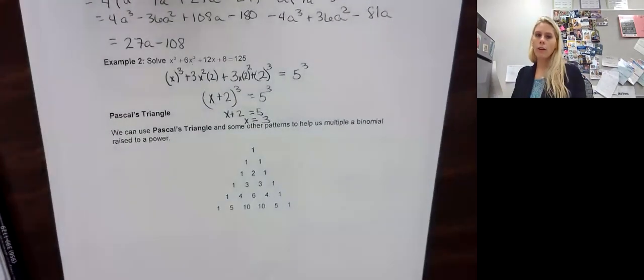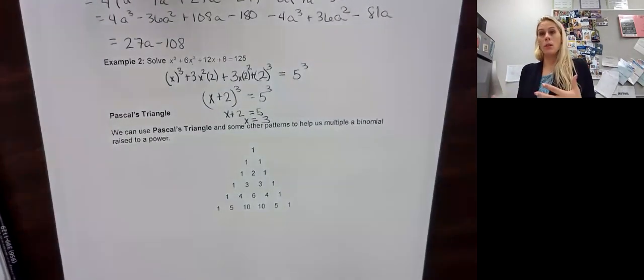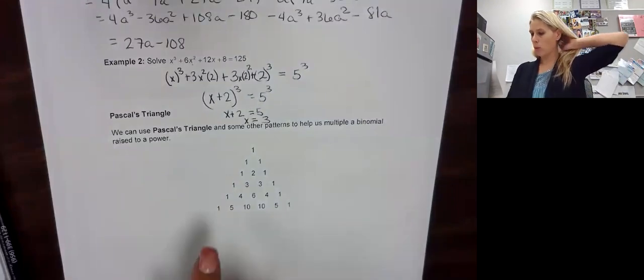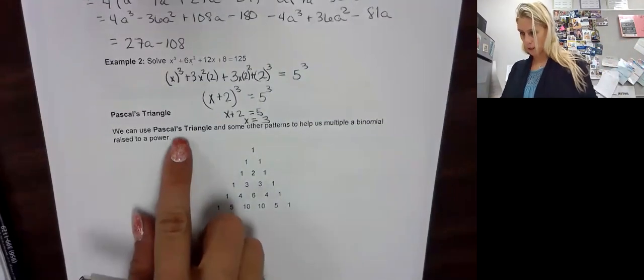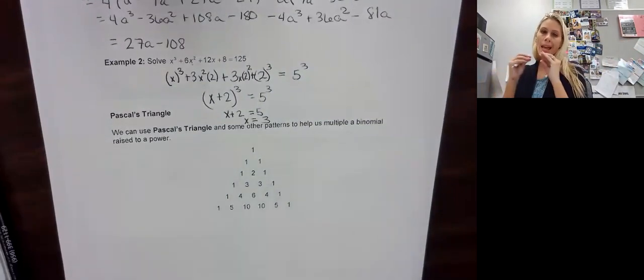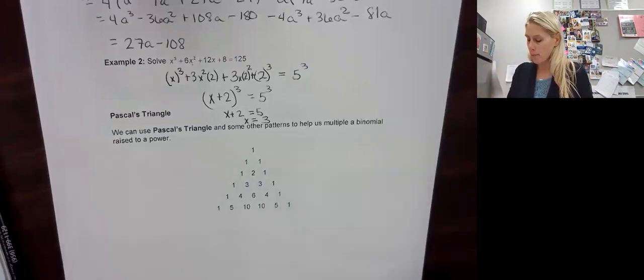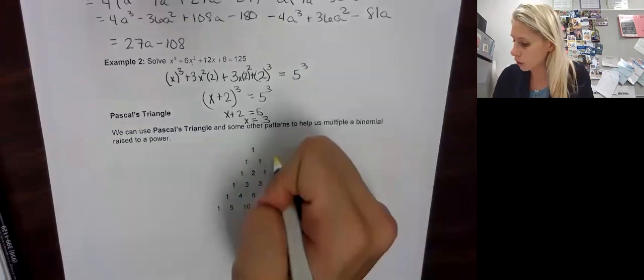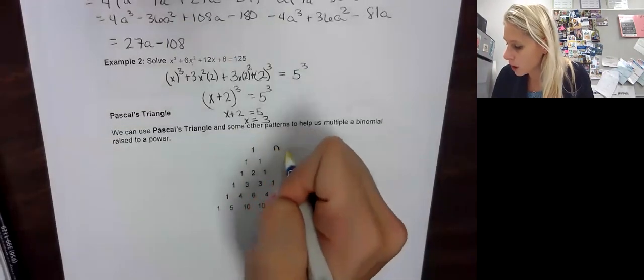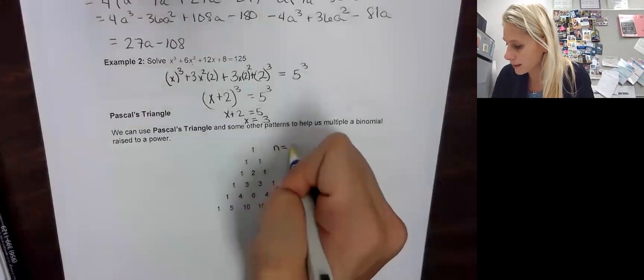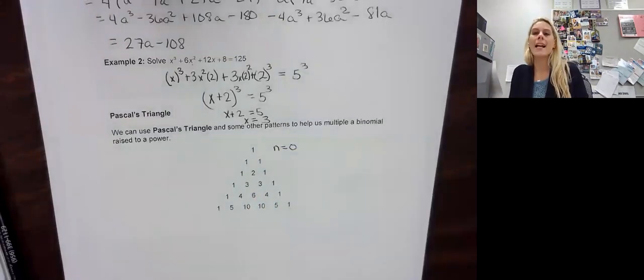Now, what if we go further, though? How can we expand this? Well, we can use what's called Pascal's triangle. The idea with Pascal's triangle is that these are the coefficients in front of each term in the expansion, okay? So what I want you to keep in mind is that the first row starts with n to the 0.